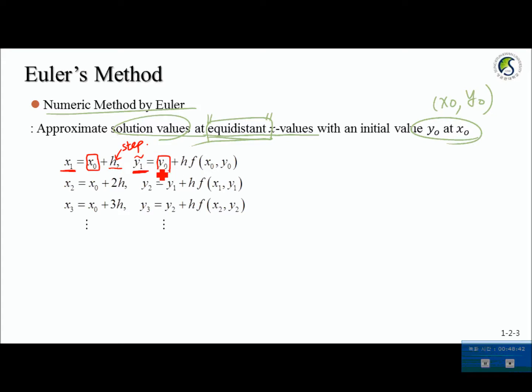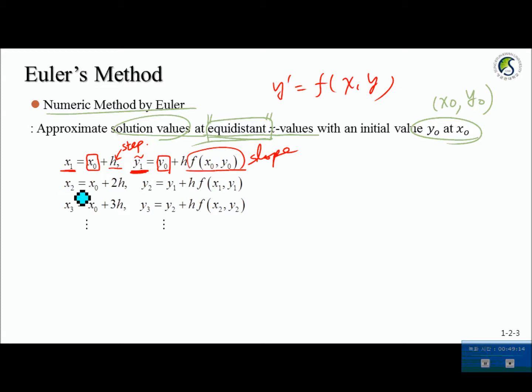So y1 is y naught plus the step value h times the function value at the initial position, because y prime is f of x comma y, right? Actually, this is the slope. Geometrically, we're using that. Then we get the new y1 value.